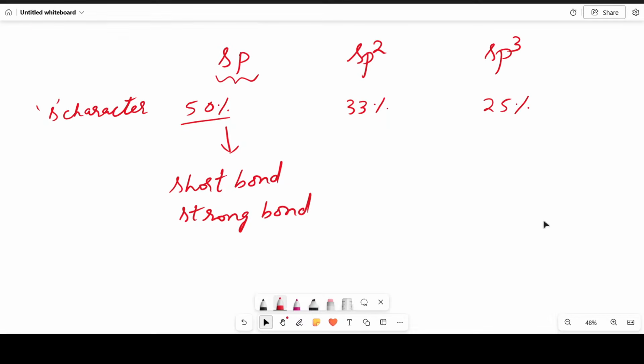Alright. Because the bond is short, it is going to form a very strong bond. Bond strength is high here.